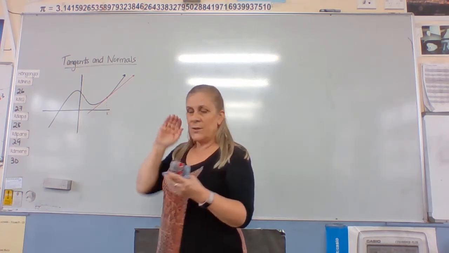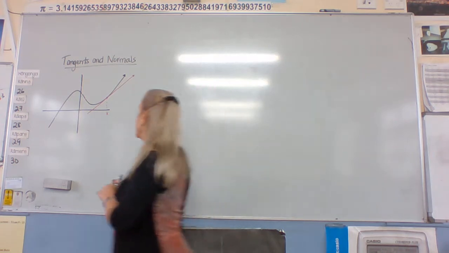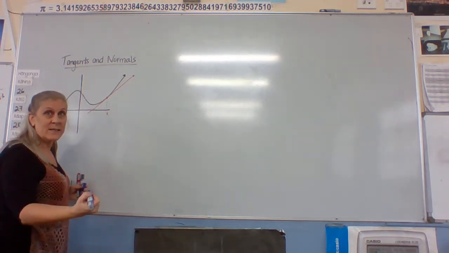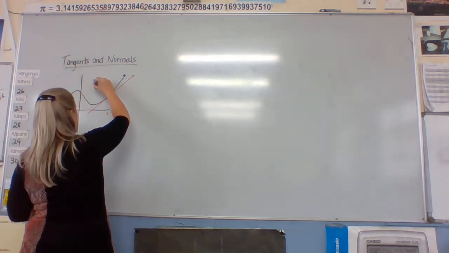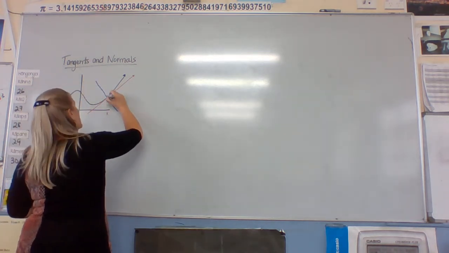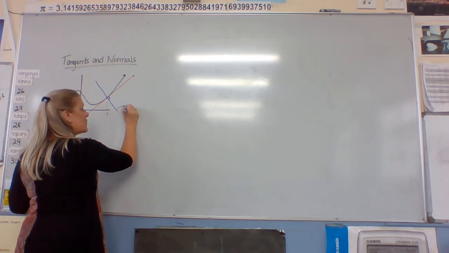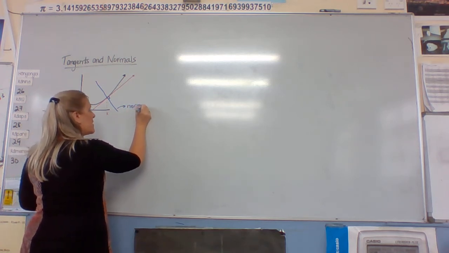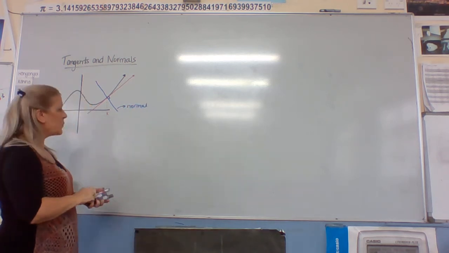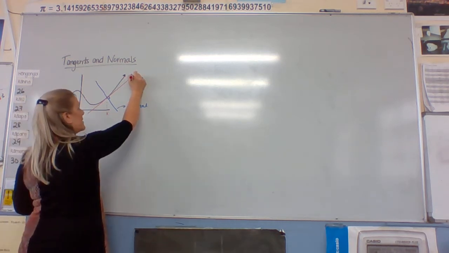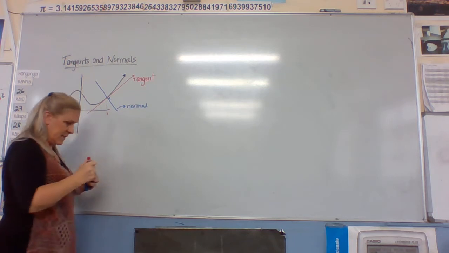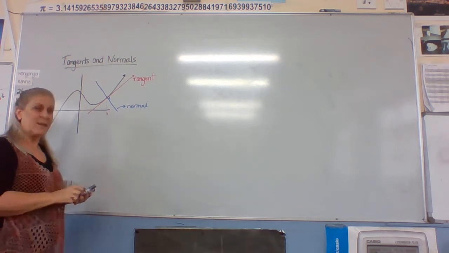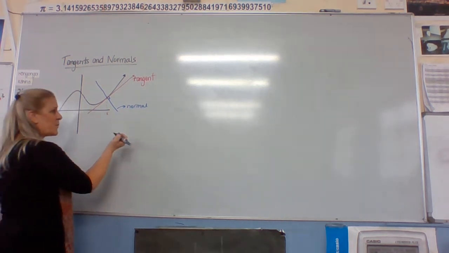Now, the normal is perpendicular. Good. So, try to get it perpendicular. This one is the normal. And there is a relationship between these two gradients. The relationship is, they're the negative reciprocal.